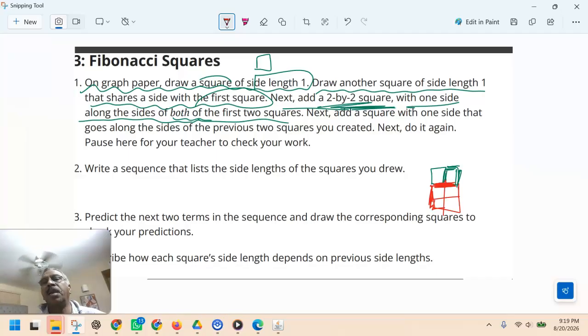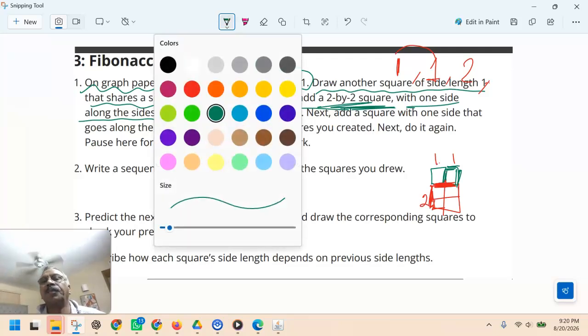So in the beginning the first one was 1, then the next green one was 1, and now you have side length 2. The first square has side length 1, the second square has side length 1, the third square has side length 2. So it's like you're adding 1 plus 1 is 2. What is the next one? Next you're going to draw another square. This time I'm going to use blue color to show.